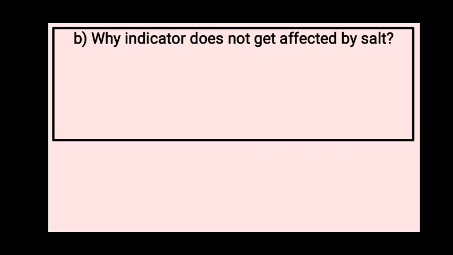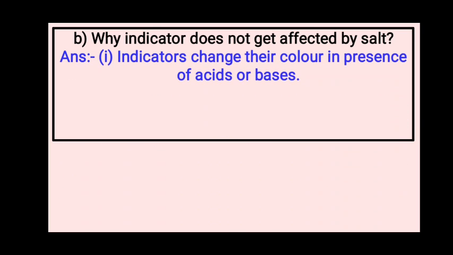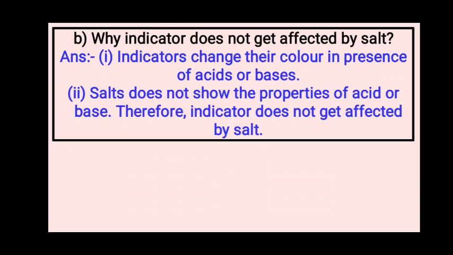So when any indicator is added in the neutral substance, there is no change in the color found. Indicators change their color in presence of acids or bases. Salts do not show the properties of acid or base. Therefore, indicator does not get affected by salt.